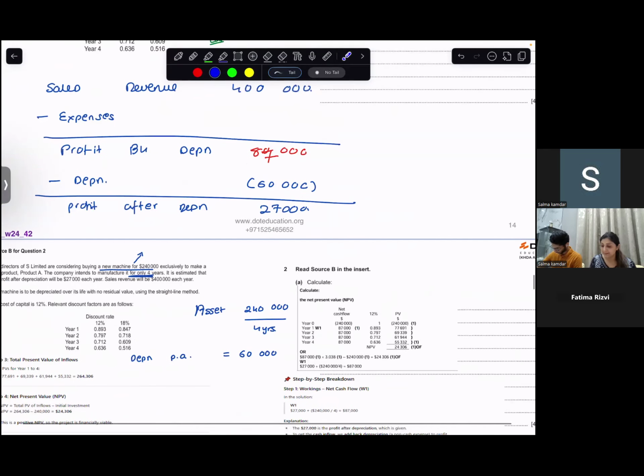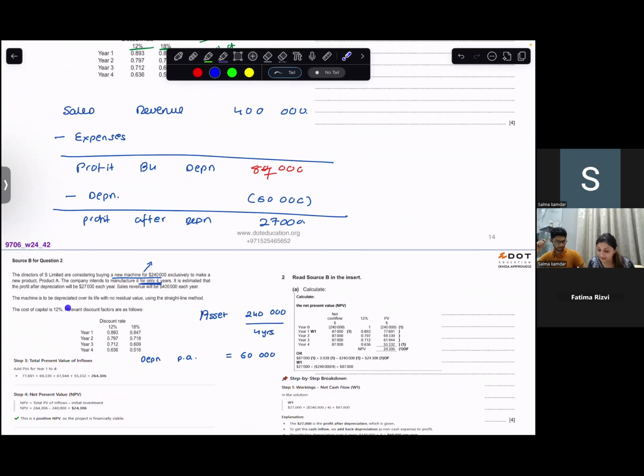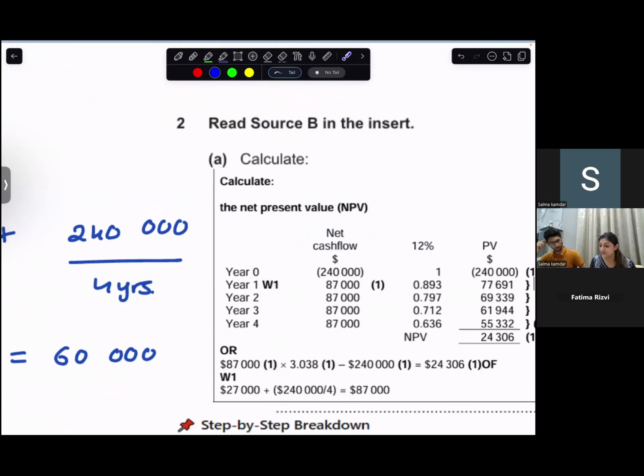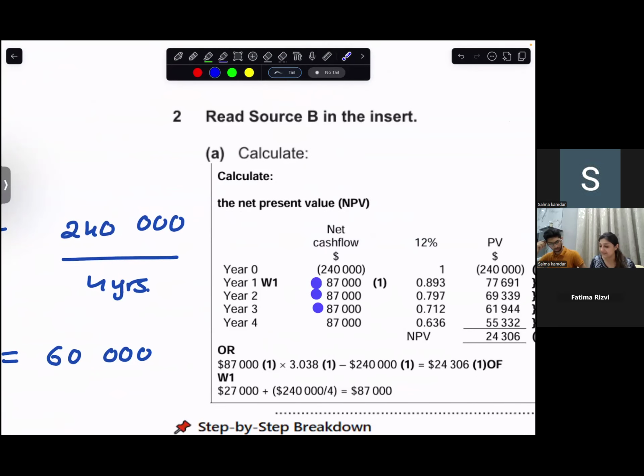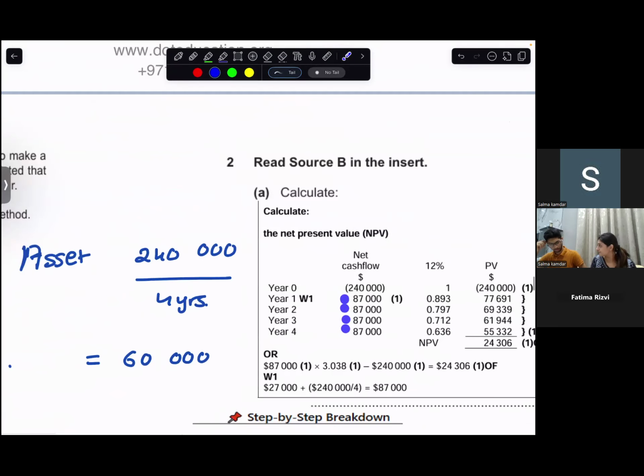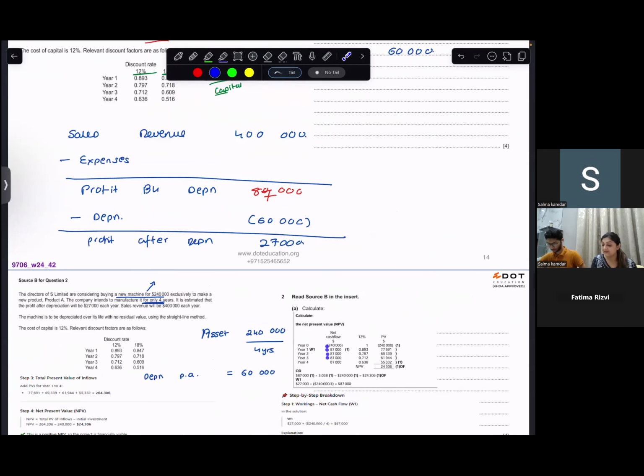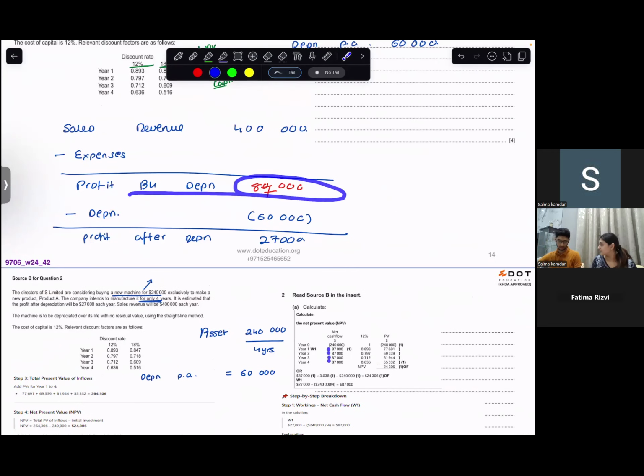My profit after depreciation is 27,000. Profit before depreciation is 87,000, which is exclusively from sales. And they have not told us anything about credit or cash sales. So my inflow every year is 87,000.